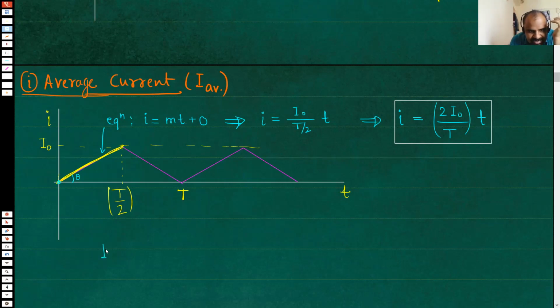So I average will be integral of I dt from where to where. As I said, I will find average only during this interval. And I will say that whatever is the average during this interval, same will be the average during this interval, and so on. So capital T by 2 and divided by capital T by 2 minus 0.